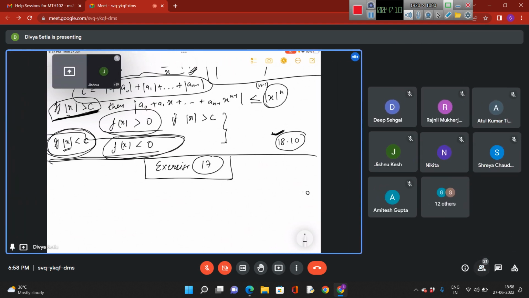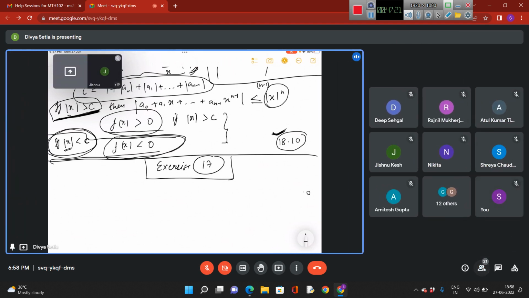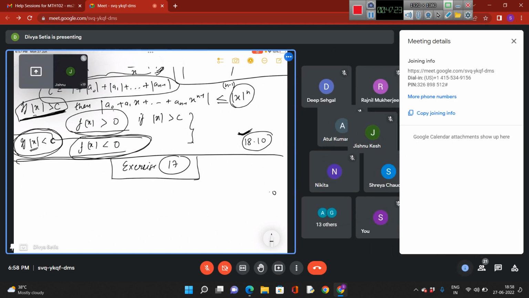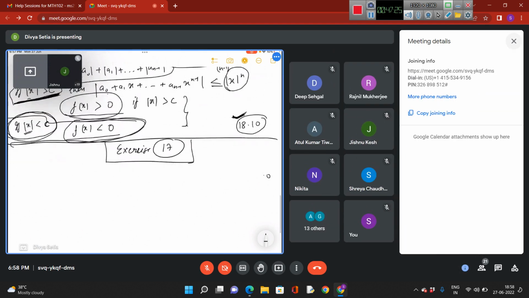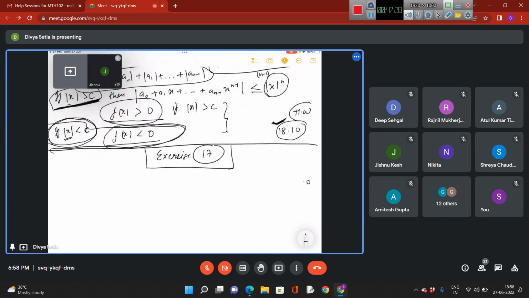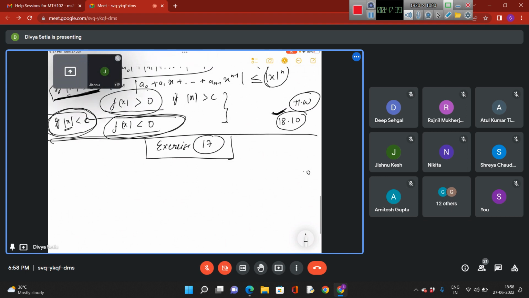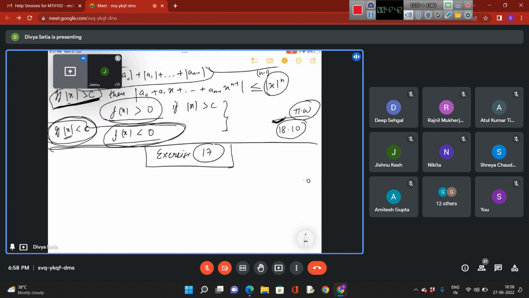Anyone who solves this problem can present it in the next class, 18.10. So this is a homework exercise. Hint is given to you at the end of the book. If you want to discuss with me, you can message me. But at least someone should volunteer for the next class. Not right now. Try out this problem on your own and then present it.